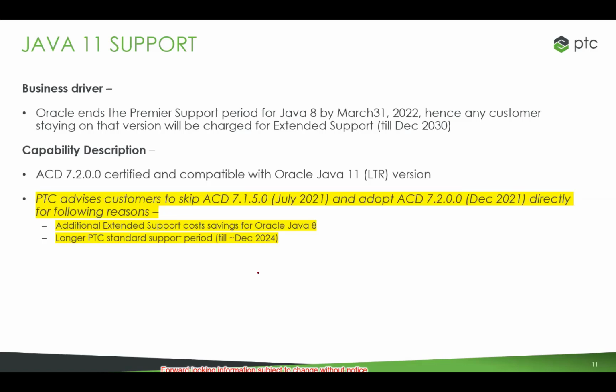And beyond that date, if you are staying with this version or with earlier ACD 7.1 versions, you will be forced to pay extra to get the extended support from Oracle. And hence we are suggesting this path to update directly to 7.2 in order to avoid those extra charges. So we highly recommend all our customers to wait another couple of months and adopt 7.2 if possible.